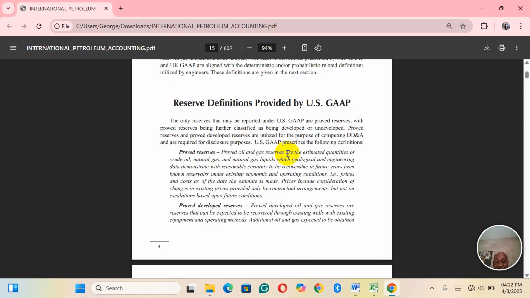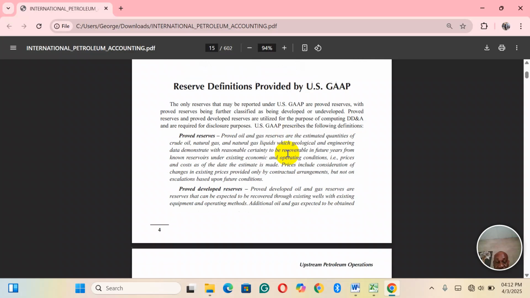Then we look at the proved developed reserves. Proved developed oil and gas reserves are reserves that can be expected to be recovered through existing wells with existing equipment and operating methods.